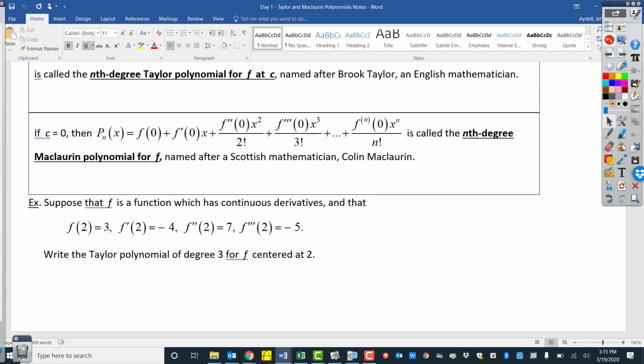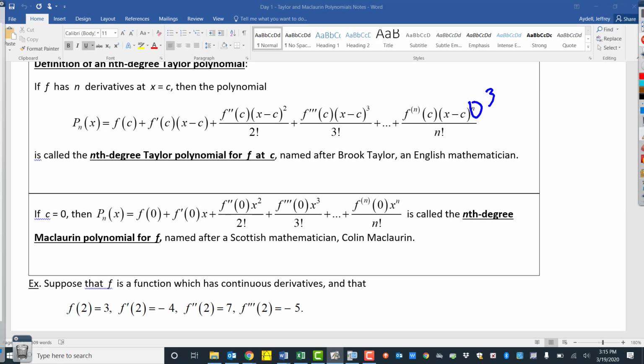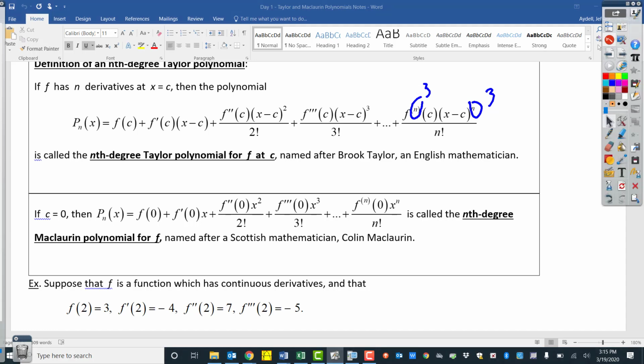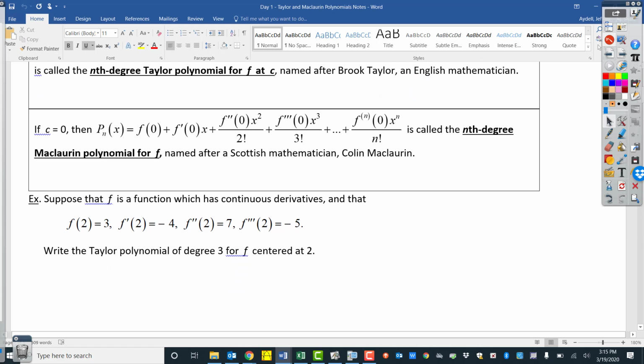Well, third degree means we want to go up to the third power and the third derivative. That's what we mean by third degree. Down here, we see that they give us first power, second power, original, first degree, second degree, third degree. Okay, so we see all these things already being given to us.